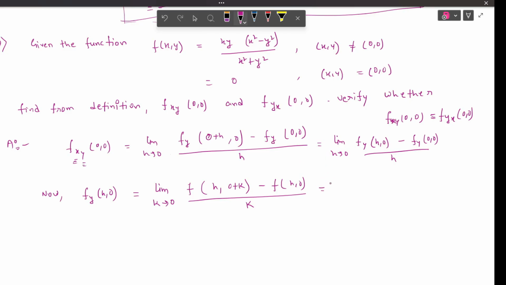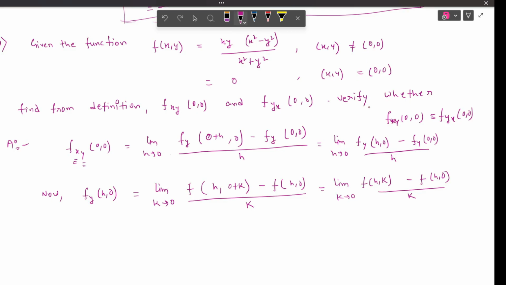So this should be limit k tending to 0, f(h, k) minus f(h, 0) upon k. Now we know f(h, k) is this function when x and y are not 0.